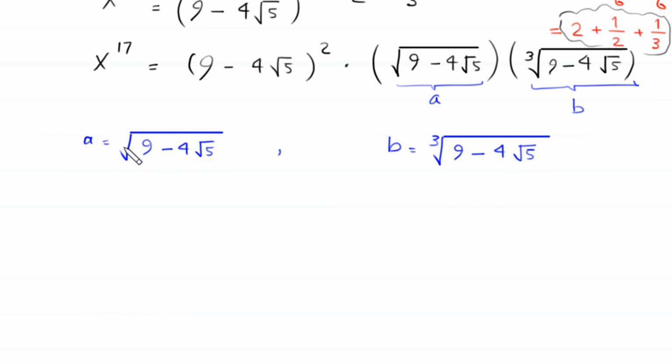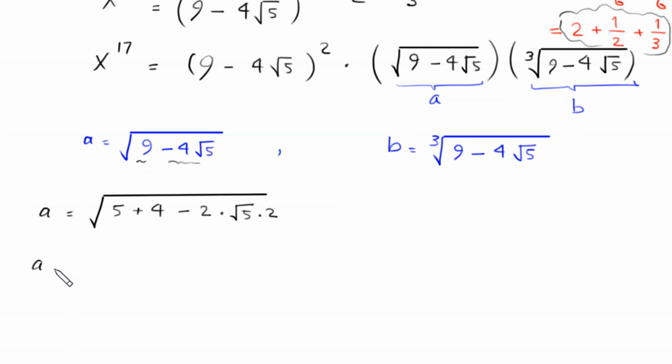First we simplify this one. This is equal to the square root of, this 9 can be written as 5 plus 4, and this negative 4 times root 5 can be written as negative 2 times root 5 times 2.